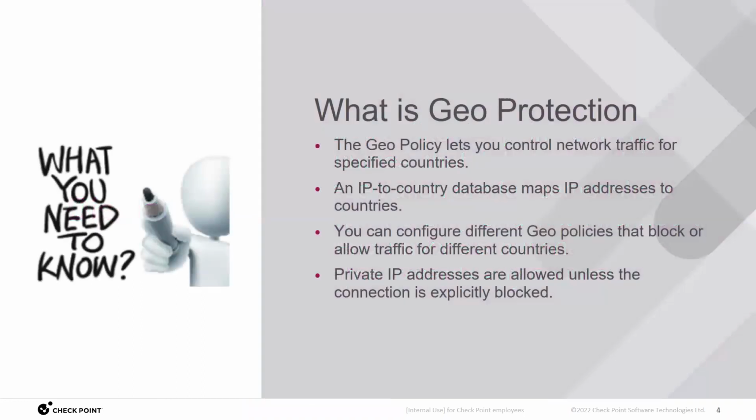So what is geoprotection? It's the ability of leveraging a dynamic object that represents a grouping of IP addresses that have been allocated to that country. The benefit of that is that you as an administrator do not need to know all those IP addresses. All that information and all that legwork is done for you.